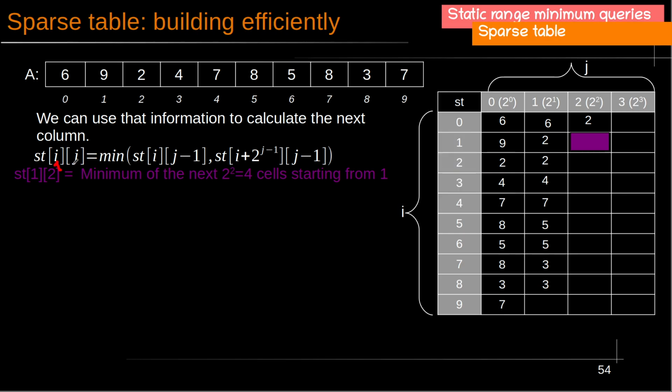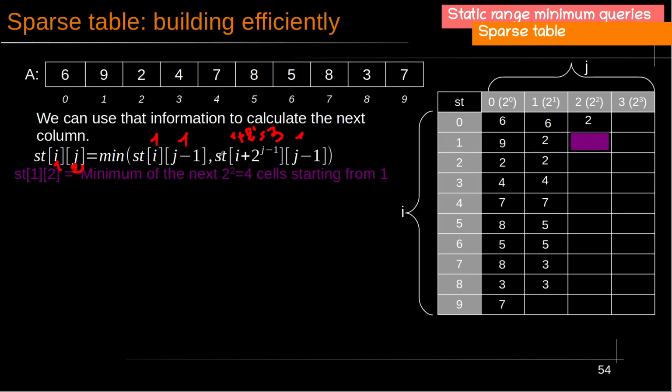ST12 is equal to the minimum of ST11, j is equal to 2 here, and ST of 1 plus 2 power 1, which is 3, so ST31.